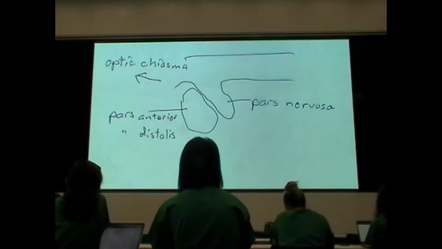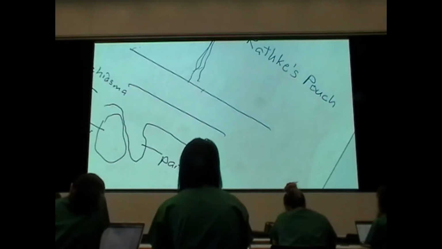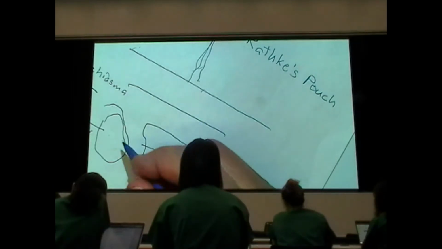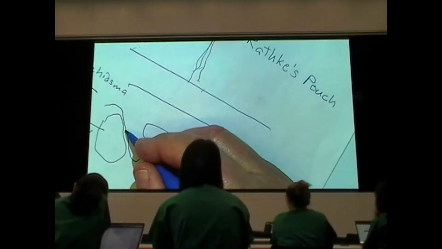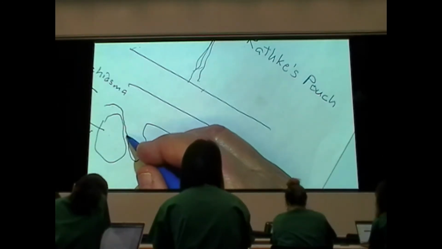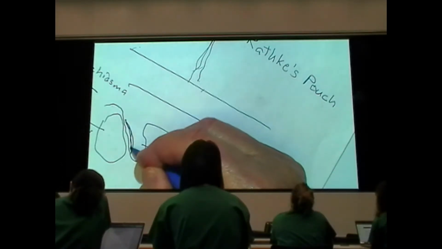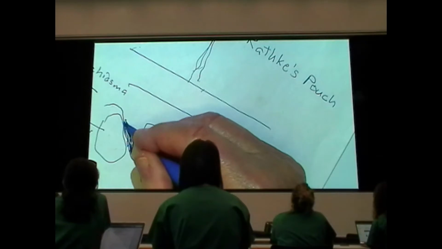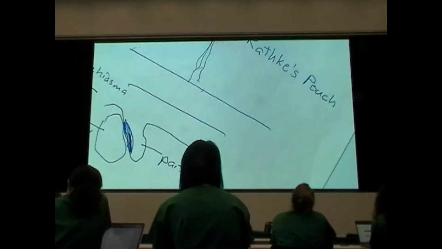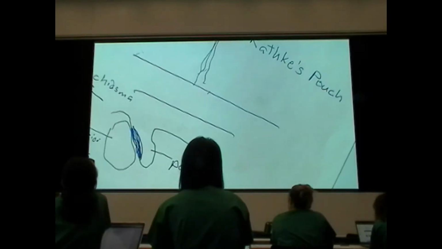Okay, now we can look more carefully at this, and it turns out that there are other parts of the pituitary gland. There is what is probably the remnants of the original Rathke's pouch that kind of fuses with the pars anterior.